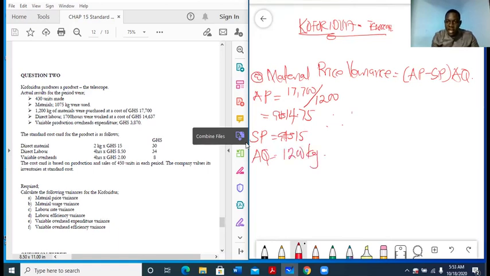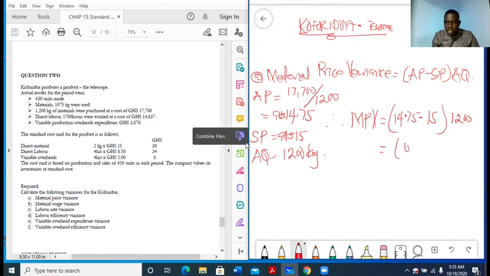So our material price variance equals the actual price, 14.75, minus the standard price, 15 Ghana cedis, at the actual quantity purchased, 1,200. We had planned to buy the materials for 15, and we actually bought it for 14.75. We have been able to reduce what? Cost. So 14.75 minus 15.